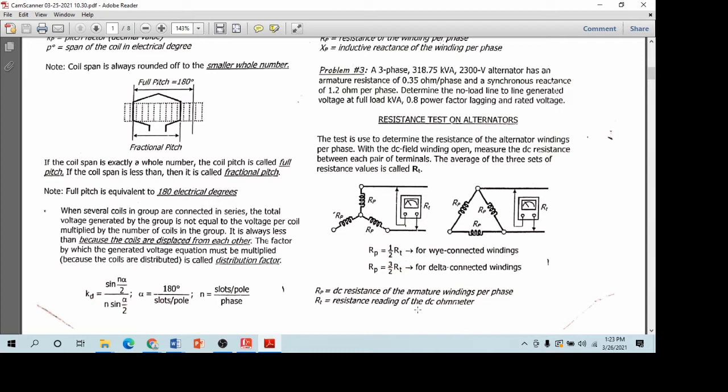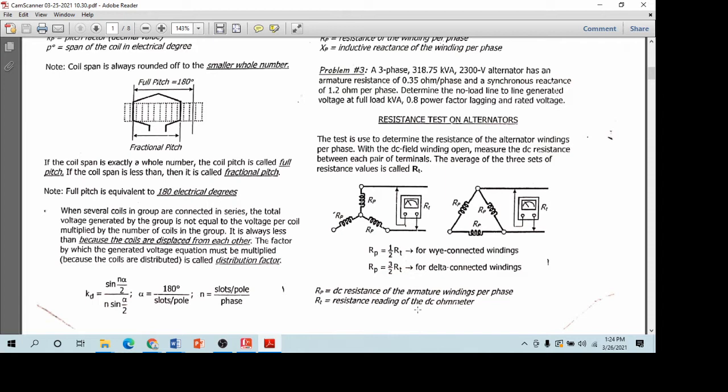This test is used to determine the resistance of the alternator windings per phase. We all know that it has two major windings, which are the armature winding and the field winding.